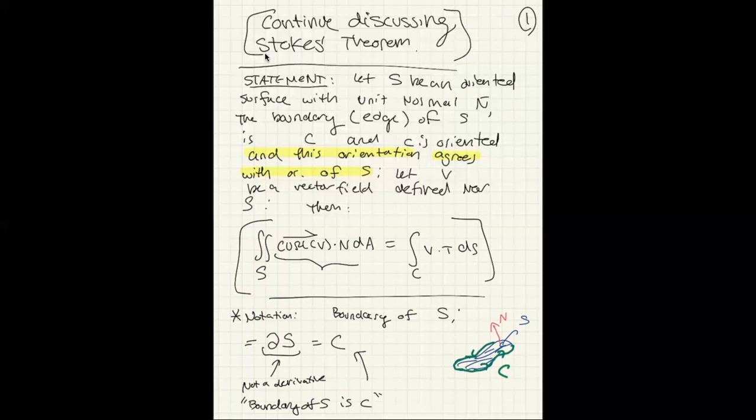So some people had some questions at the end of class on Wednesday about how can you tell if an orientation of C agrees with the orientation of S? I did mention it in class, but I want to discuss how to determine if these two things agree. So I'm going to move on to this next page. None of this is material that you haven't seen before.